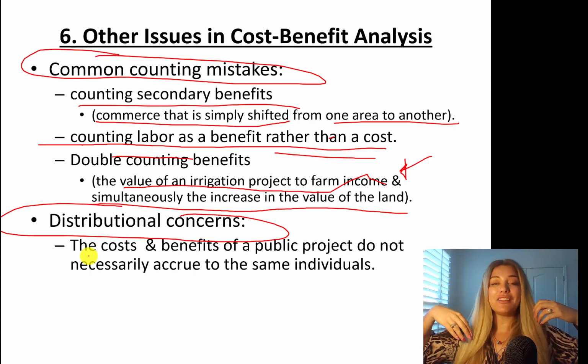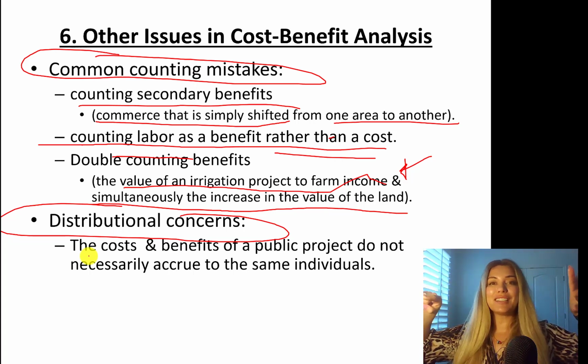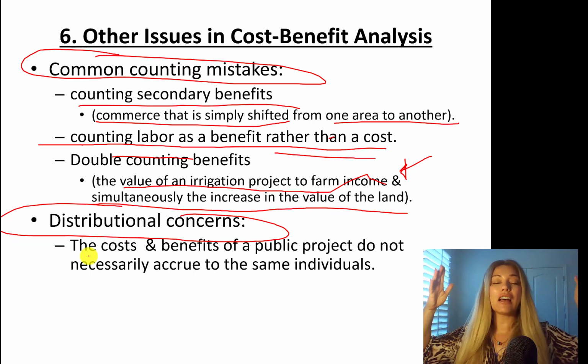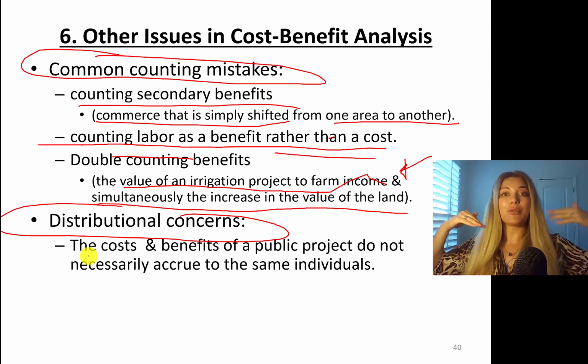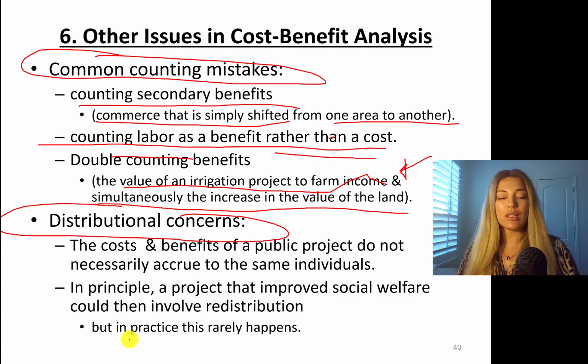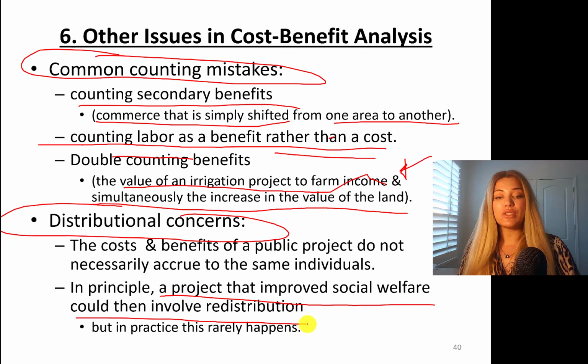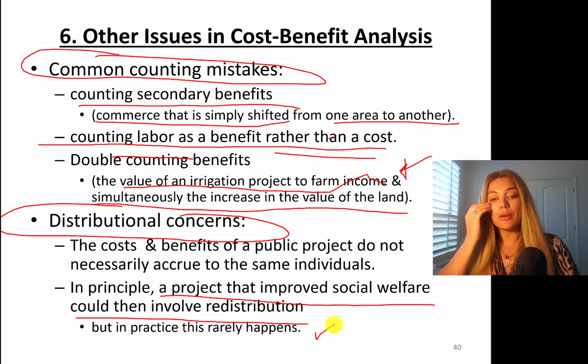However, if I lived in the suburbs out of city, now my commute is 20 minutes instead of 1.5 hours, then I am accruing the benefit of this project. So in principle, a project that improved social welfare could then involve redistribution. Okay, so in practice, this doesn't happen too much, but it can.